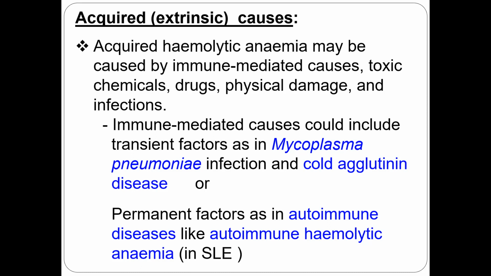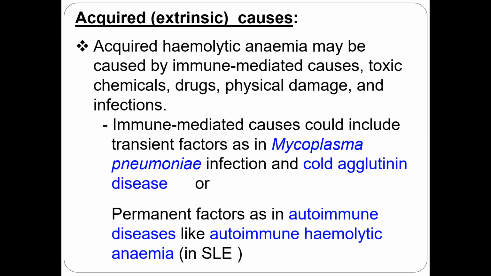Then we have autoimmune diseases like autoimmune hemolytic anemia and systemic lupus erythematosus. In autoimmune hemolytic anemia, for example, we produce autoantibodies that are picked up on red blood cells. Once they are picked up, due to complement activation, the red blood cells are hemolyzed, because antibodies were picked on them. That is how they got hemolyzed. Okay.